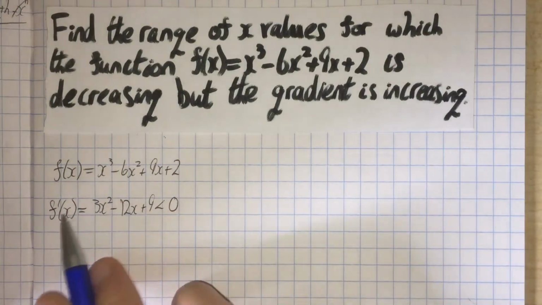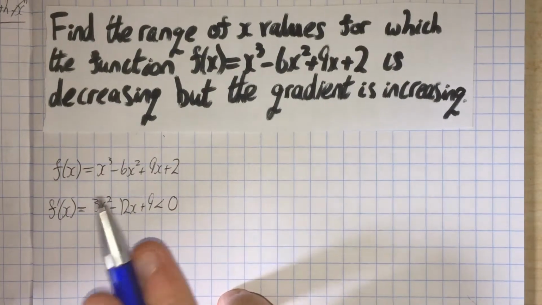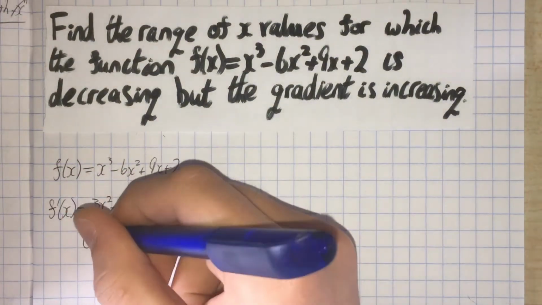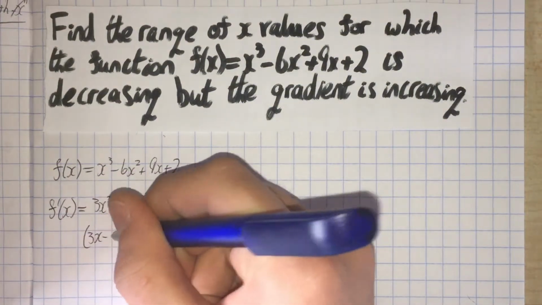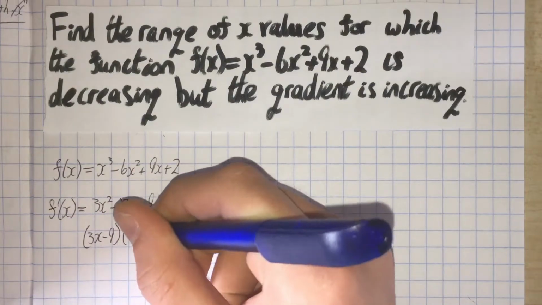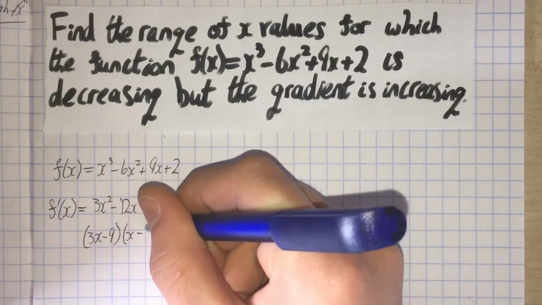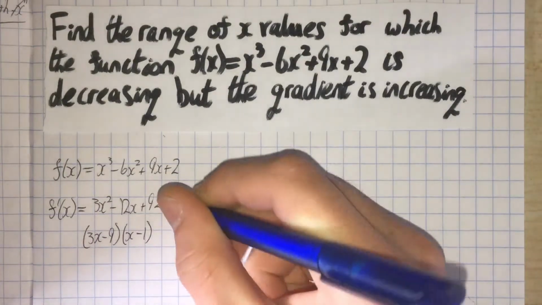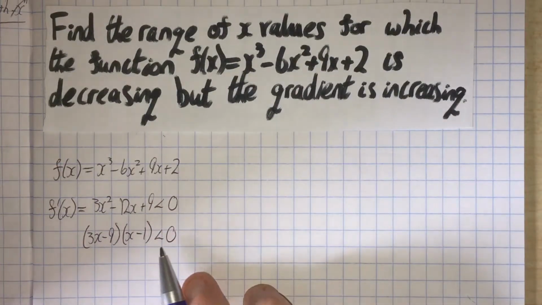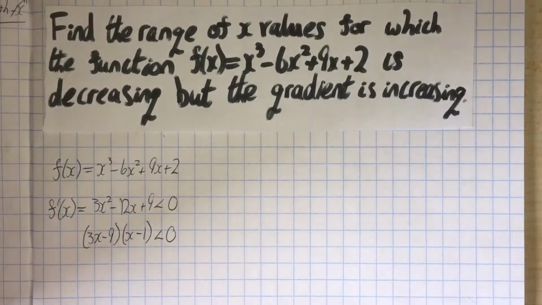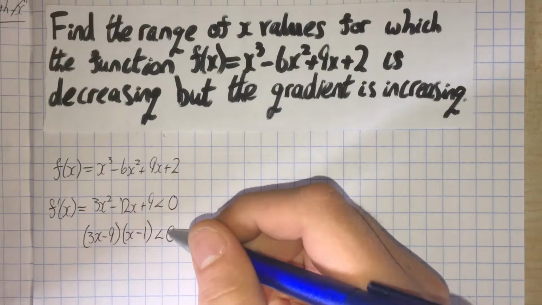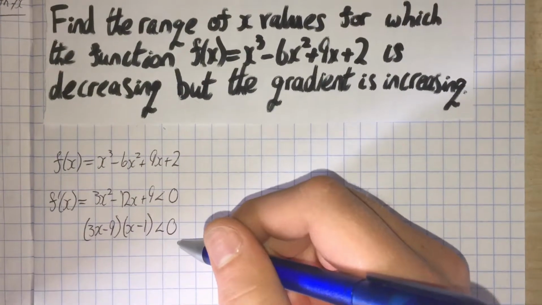So this, if you look, will in fact factorize. So let's factorize it. 3x minus 9, x minus 1. Yes, that seems right. Less than 0. So that means we need to get it below the axis, which means when it's less than 0.